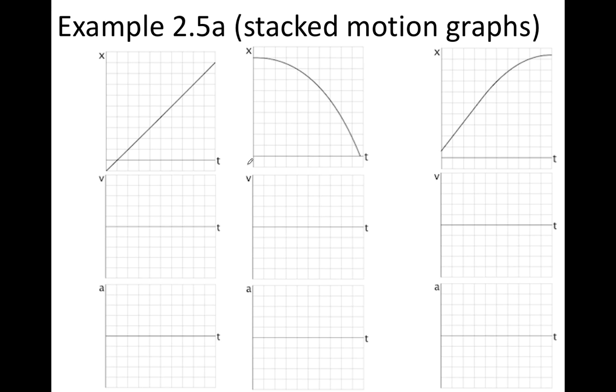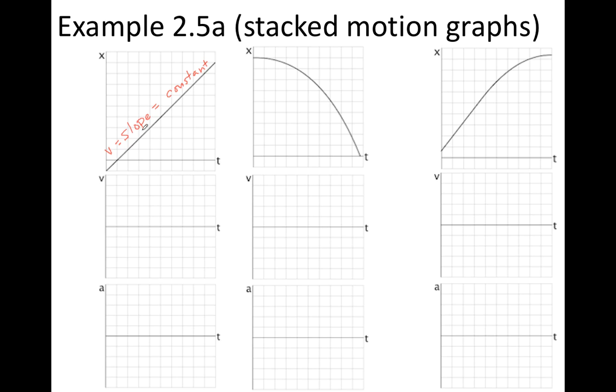So for this first one, notice that we have a straight line. A straight line has a slope that is constant. And remember, this slope is what tells us the value of the velocity. So if we have a slope that's constant, that's going to imply that we have a velocity that is constant.